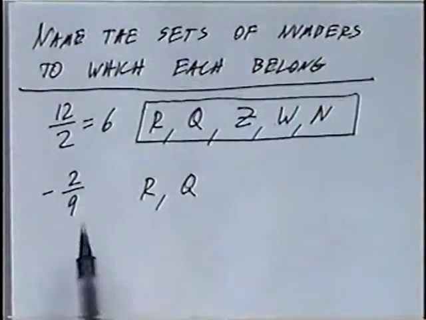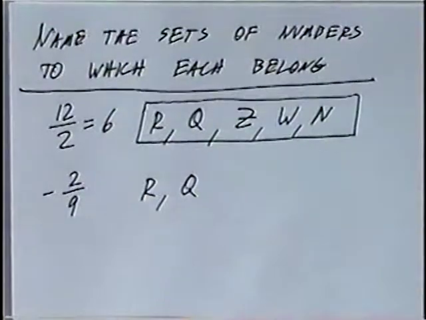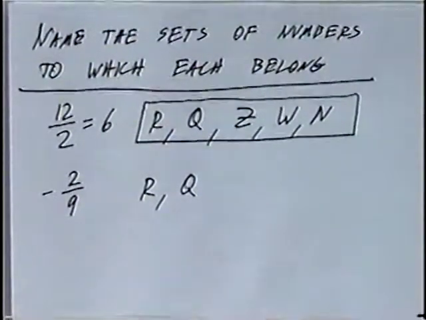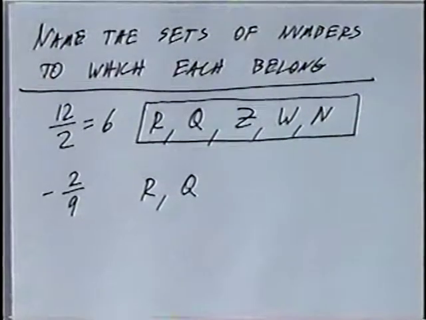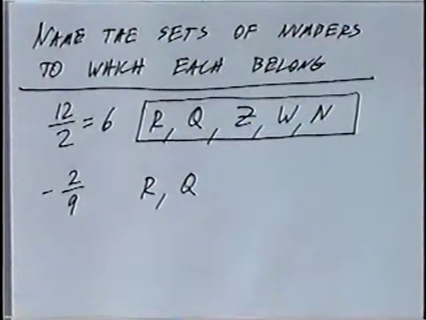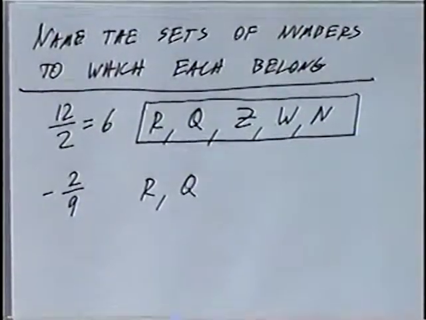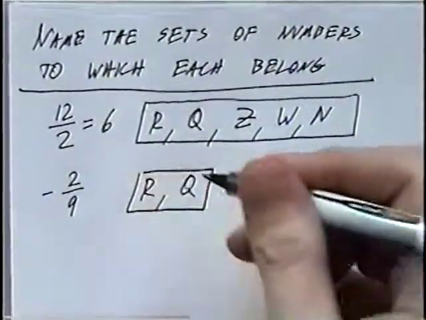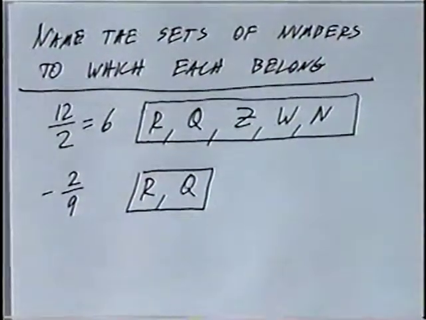It is not an integer though. 2 does not divide evenly into 9, and therefore it's also not a whole number or natural number, and it is not irrational. 2 divided by 9, if you wrote it out in decimal form, the decimal would repeat or terminate. So this one is only real and rational.